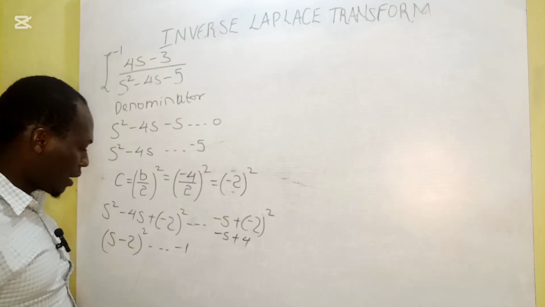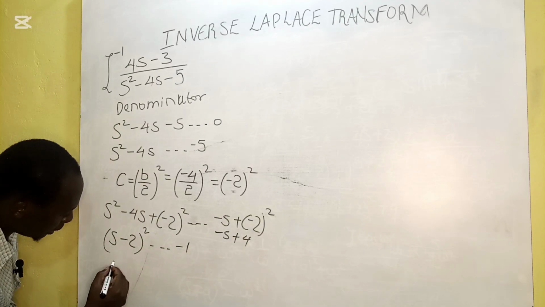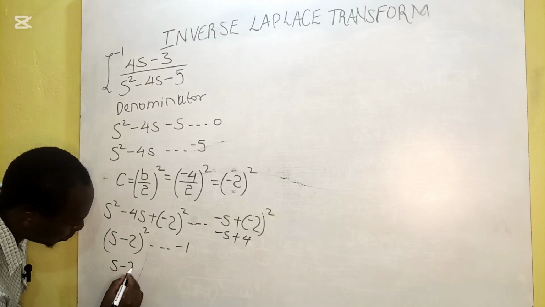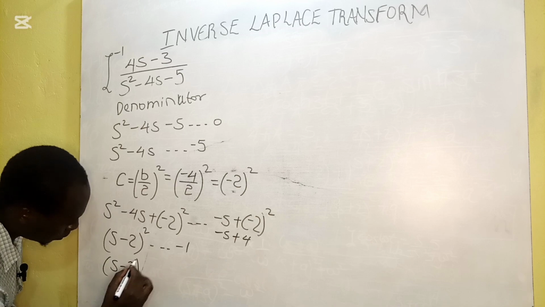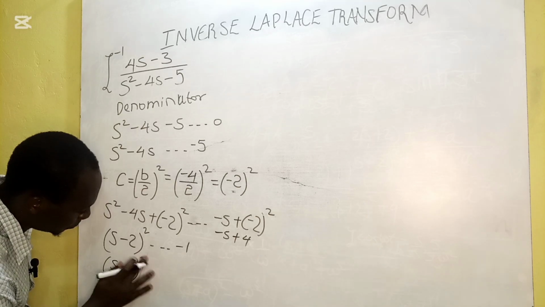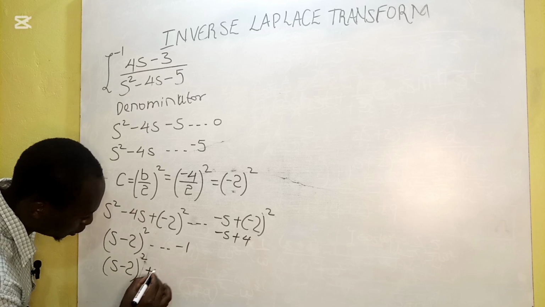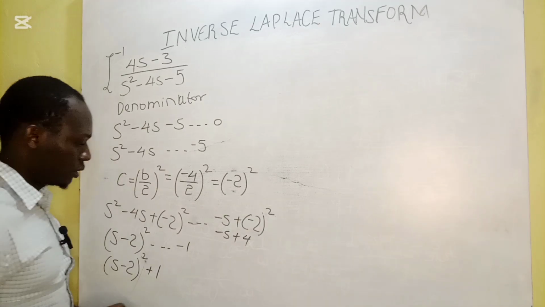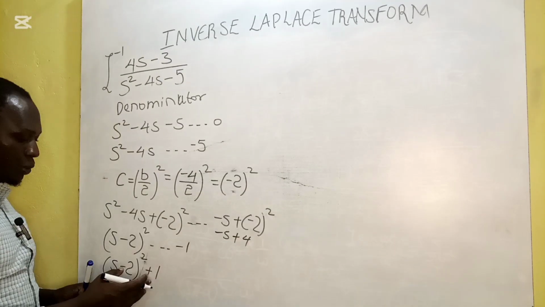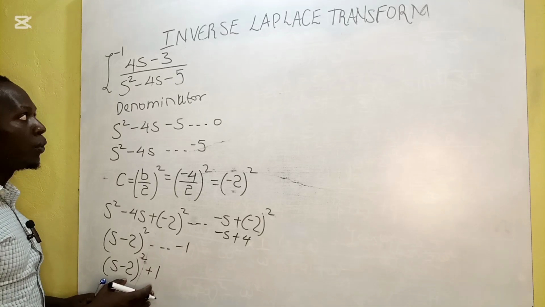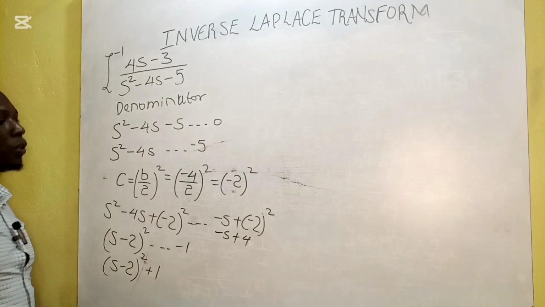We can now rearrange everything and say s, when we subtract 2, squared, now we are going to add 1. And this is how you go about our denominator here.